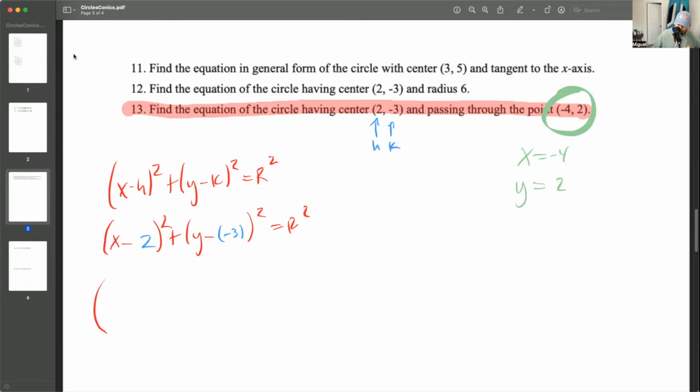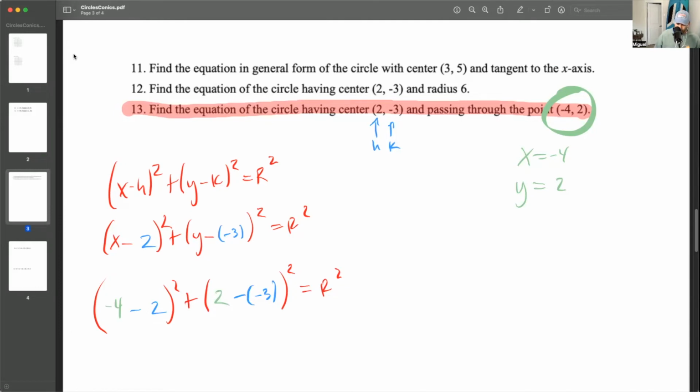Let's do that now. So I have (-4 minus 2) squared plus (2 minus -3) squared equals r squared. Again, we don't know what r squared is, but we're about to find out.